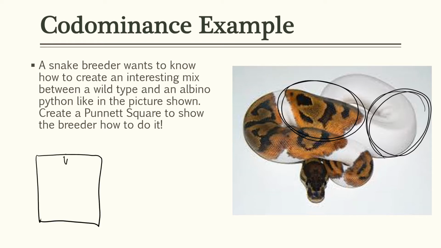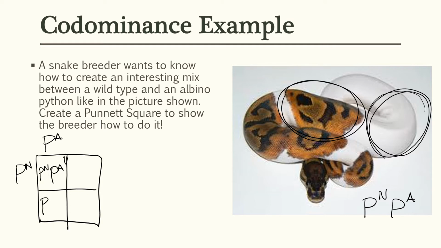You can start by just filling out a Punnett square with the mix that you want to create. So we can say this is a python and we want to mix normal with albino. So that means I'm going to need to put that inside my Punnett square. How would I get to this particular case? Well, I would need a normal python allele there and an albino allele python here.